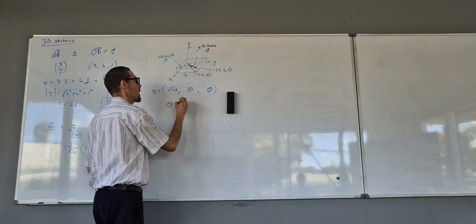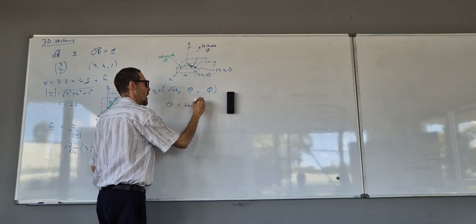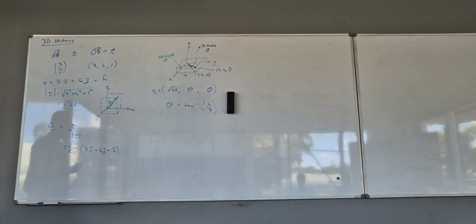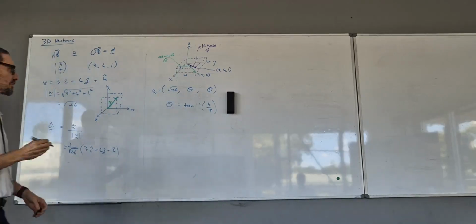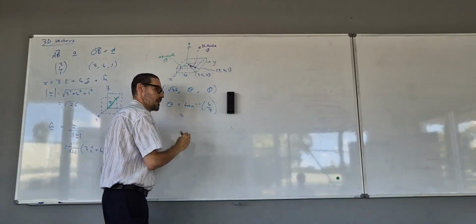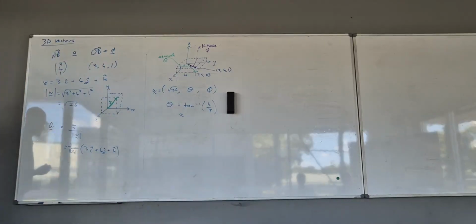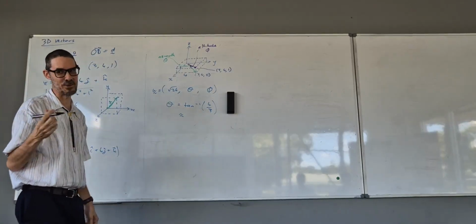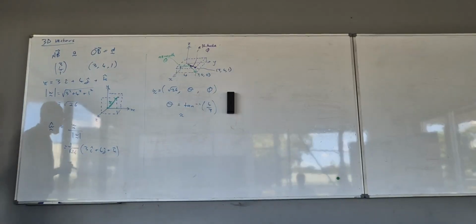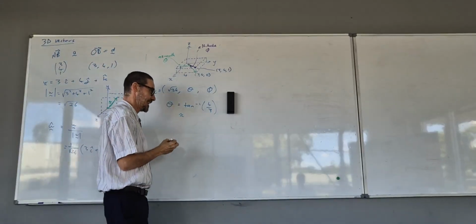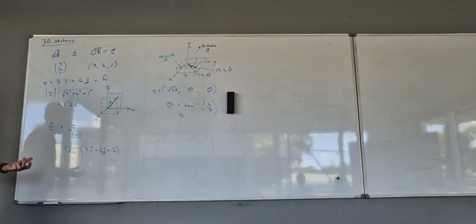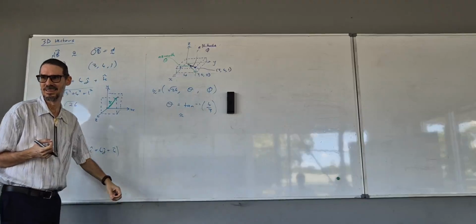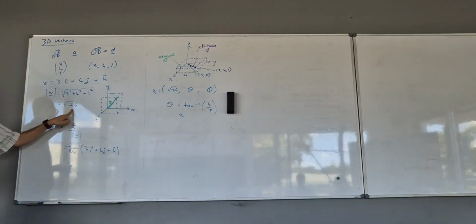Calculator. Is it one of the special triangles? It's a Pythagorean triad. If that's 3 and that's 4, how long is this? It's 5, right?